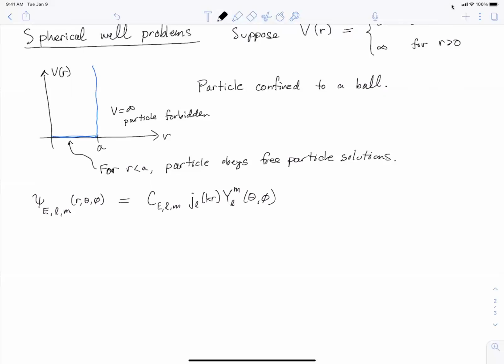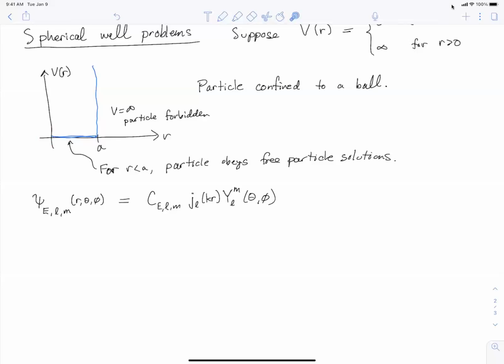Notice that we have not included the Neumann function. We haven't because r equals 0 is part of our domain, and so we've only used the j's, not the Neumann functions. We'll use the Neumann functions for something later.